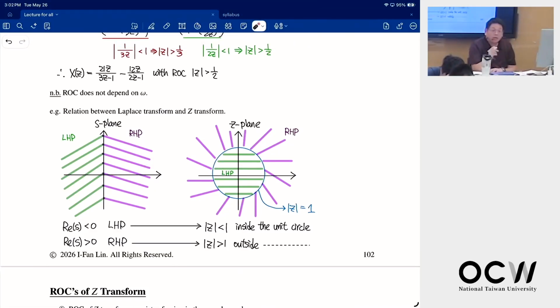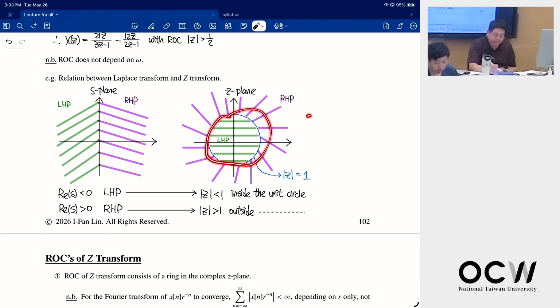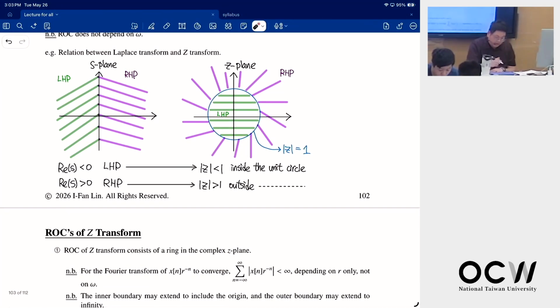Alright, so now let's really talk about the regions of convergence for the z transform. The region of convergence of a z transform consists of a ring in the complex z plane. This is the z plane. Here's a ring. The z transform is the Fourier transform of x[n] times r to the minus n.